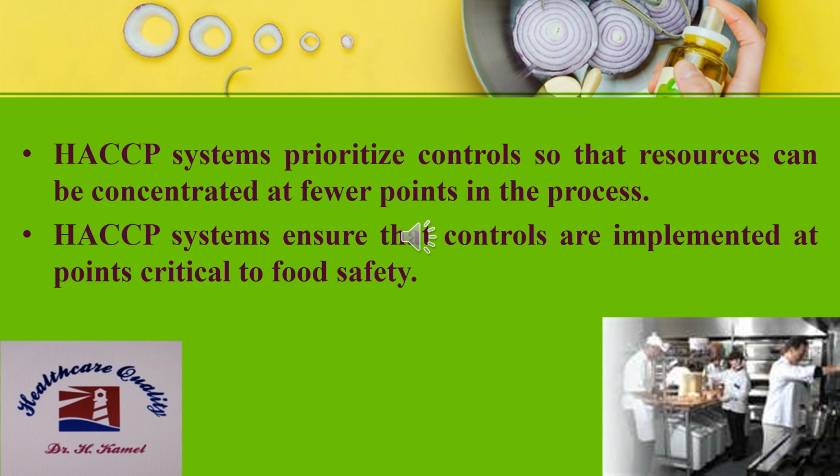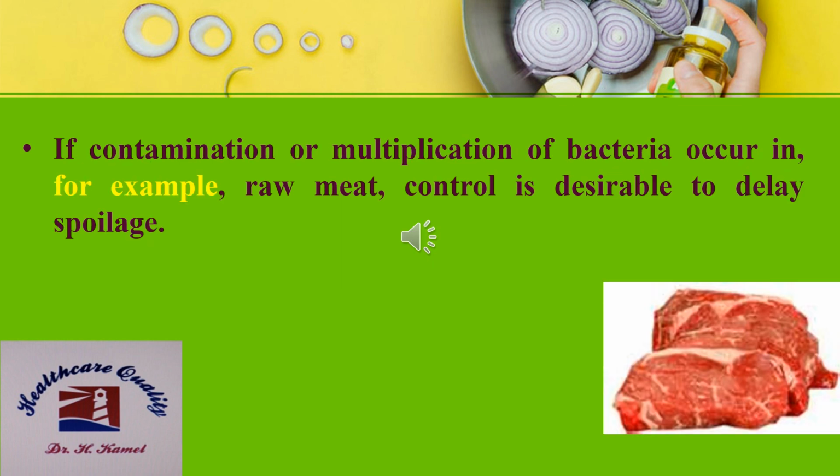HACCP system prioritizes controls so that resources can be concentrated at fewer points in the process. It ensures that controls are implemented at points critical to food safety. If contamination or multiplication of bacteria occur in, for example, raw meat, control is desirable to delay spoilage.